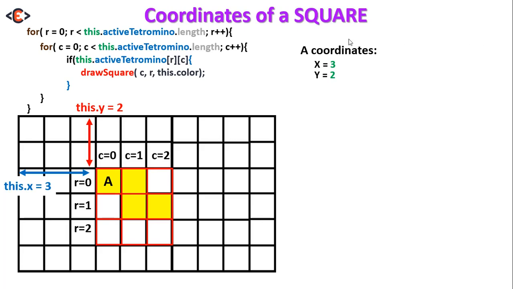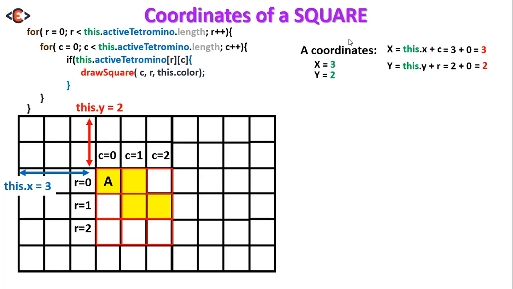The code is X equals this.x plus the number of the column, equals 3 plus 0, then equals 3. The same thing we got. For the Y position, we will say this.y plus the number of the row this time. So it's 2 plus 0, then equals 2.